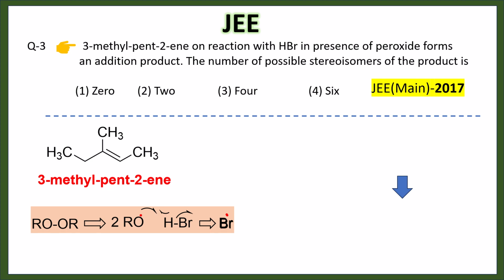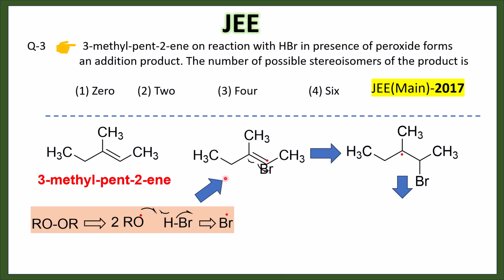Now, 3-methyl-2-pentene on reaction with HBr in presence of peroxide gives an addition product; we have to find the number of possible stereoisomers of the product. First we draw it. With the peroxide effect, as we already know for hydrohalogenation, bromine adds at the less substituted position first, and then radical addition of hydrogen gives this product.